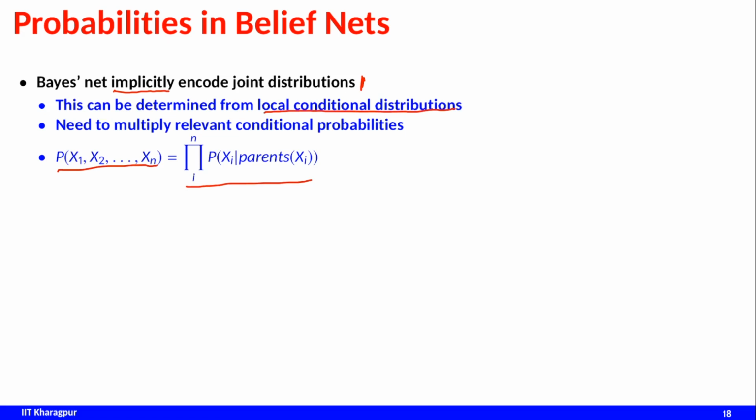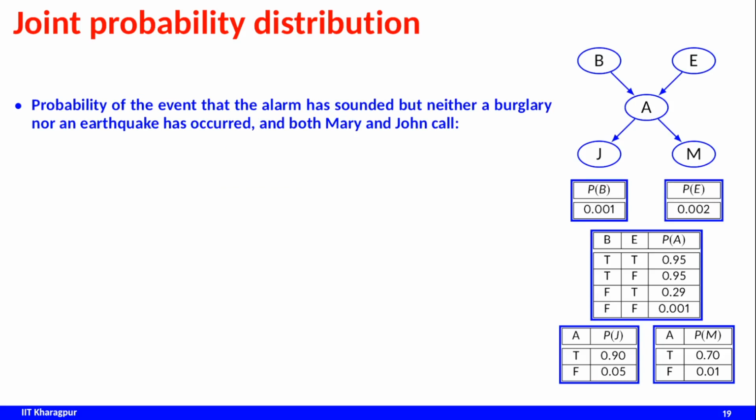So let us look into some examples. Let's say somebody has given me our setup: burglary, earthquake, alarm, John calls, Mary calls, and all those probability values that we have seen earlier.